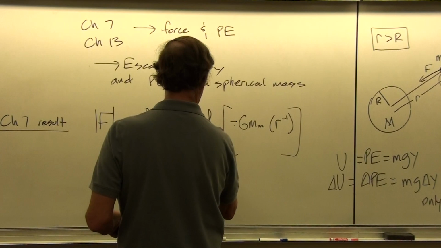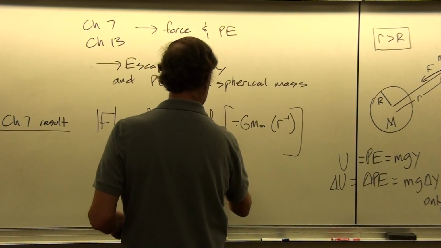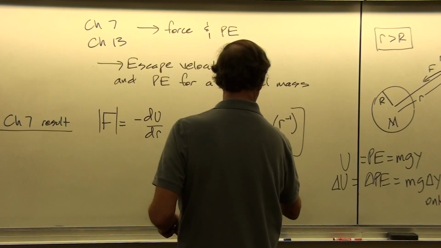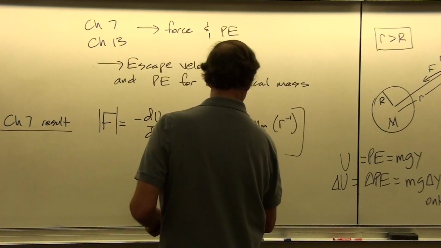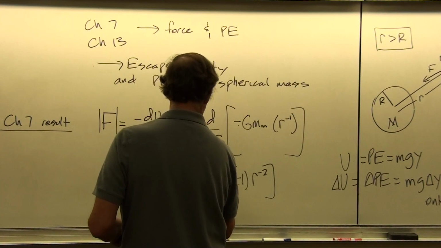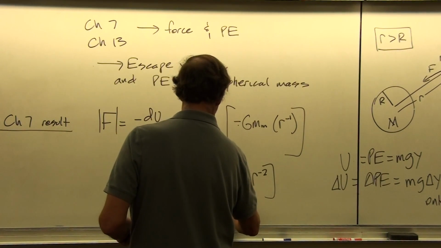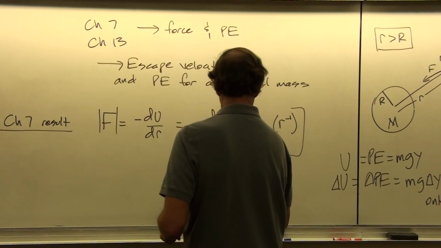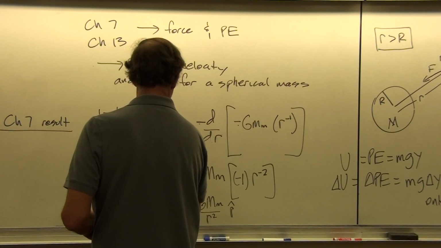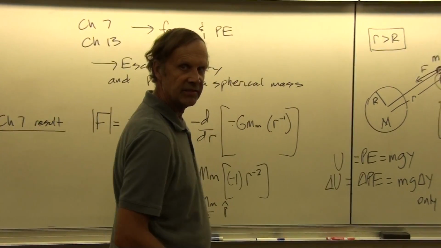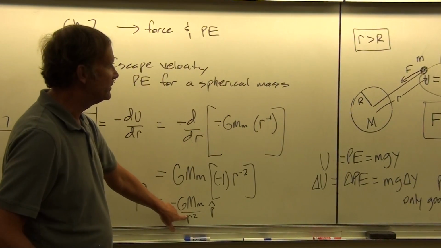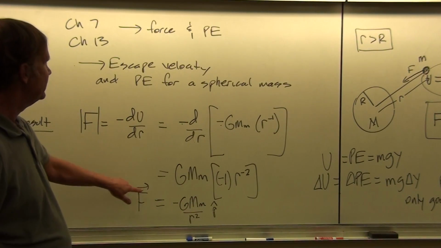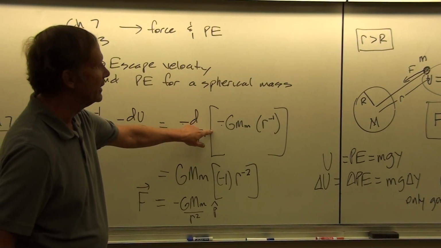That'll just give us G big M little m times minus 1 times r to the minus 2 power, or that's just equal to minus G big M little m over r squared, times some unit vector that points in the r hat direction. Okay, so that's exactly what we're looking for, something that satisfies our Newton's inverse square law relationship when we take the derivative of U with respect to r.